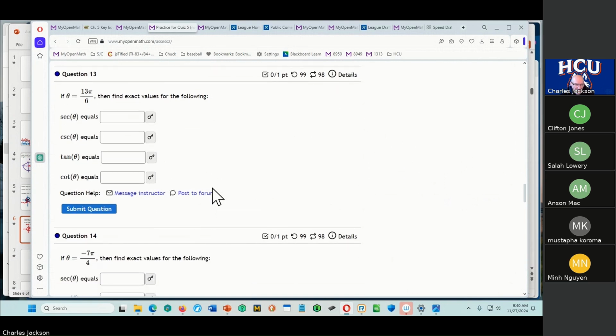Okay, so values of the trig function for theta equals 13 pi over 6. Take 3 seconds and think about how you would do that.